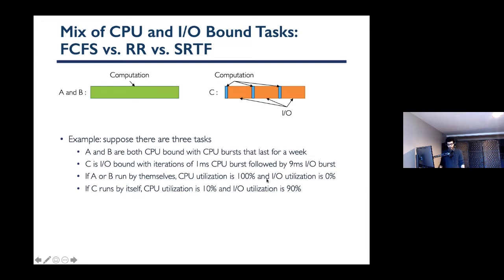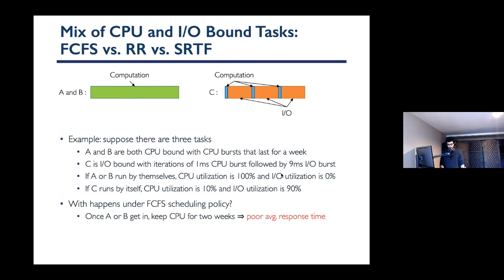Now, we certainly want something in between, right? That we're utilizing both our CPU and our I/O. Let's see if any of these scheduling policies would achieve that. So what happens under FCFS?